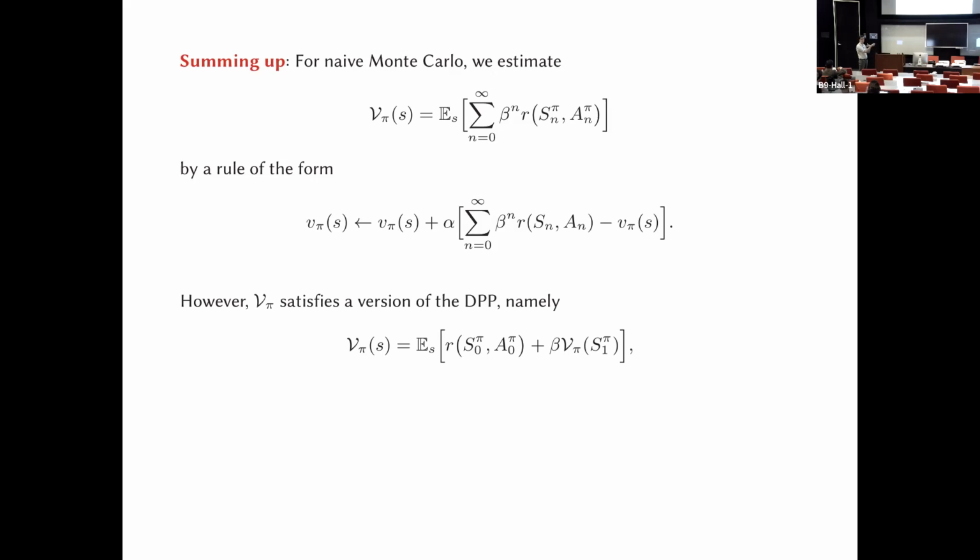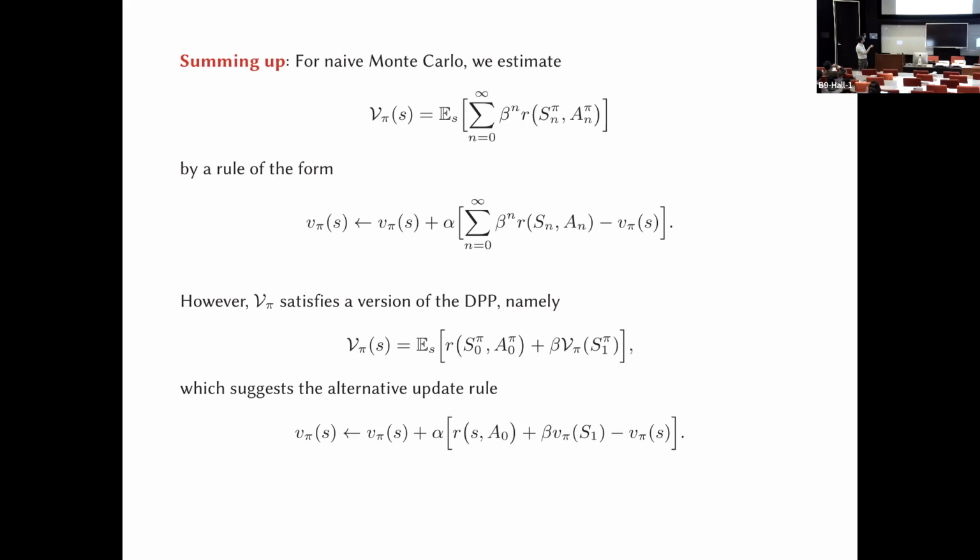And this is also time consistent. Now up here in the first line, this is the expectation we wanted to approximate, and we use this rule. Now we have this expectation. What's the rule that we get? Well, we use the realization, or we try to get a realization of what is inside the expectation, and use that as our new target.